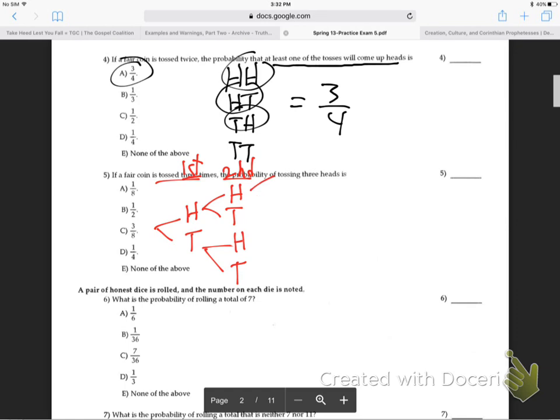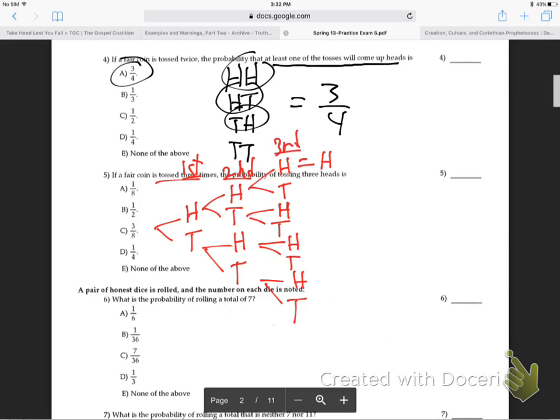And then the third flip is heads or tails. Okay, so that's the third flip.